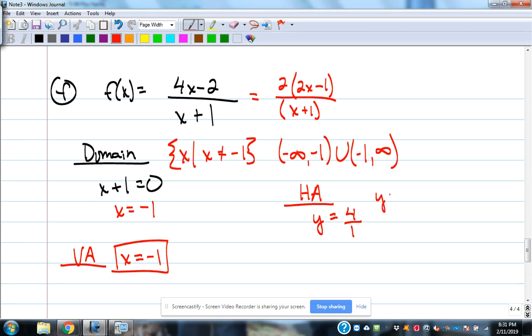Because it's equal: if the top is smaller, it's 0; if it's equal, it's the ratio. So oblique asymptotes would be none, because we had a horizontal. Horizontals and obliques do not happen at the same time.